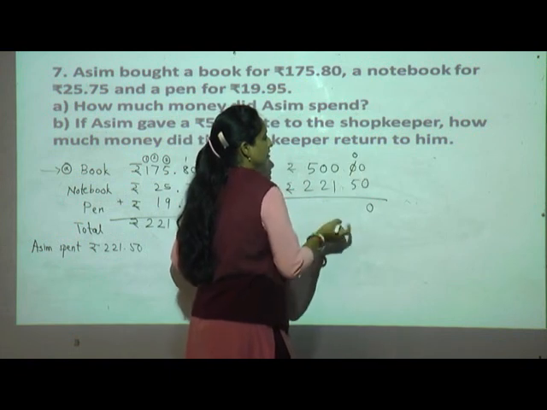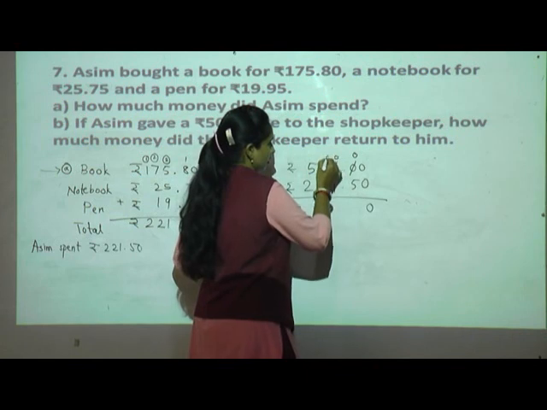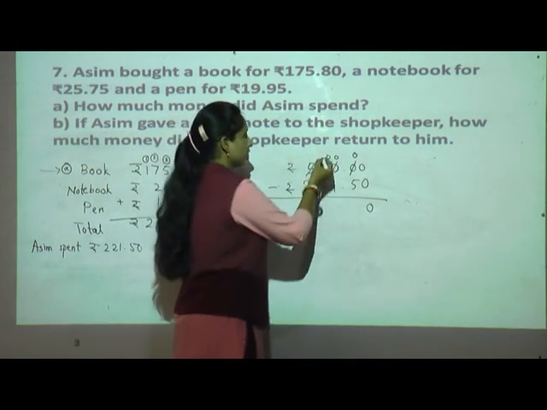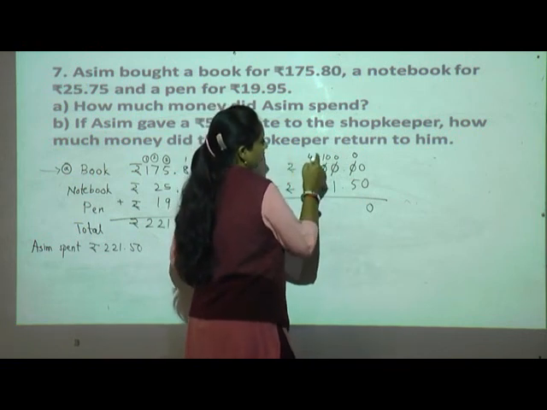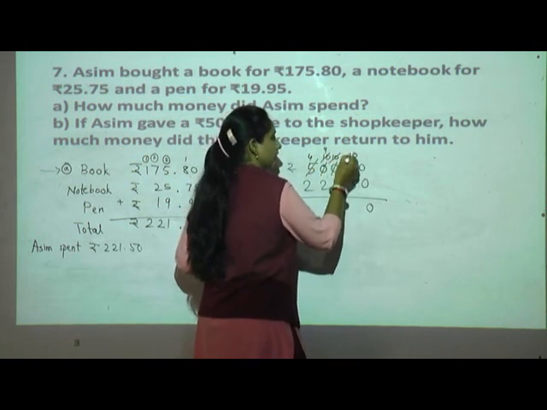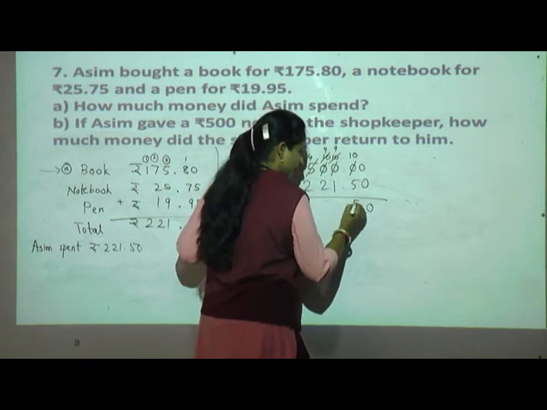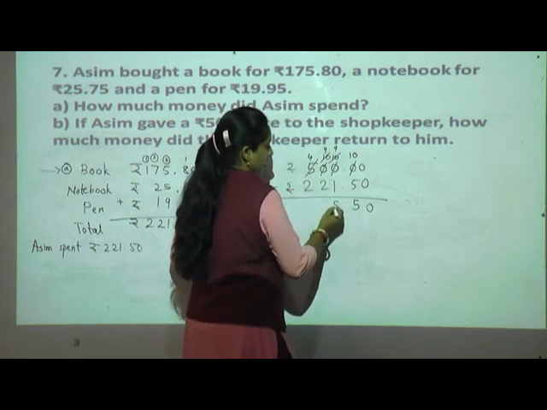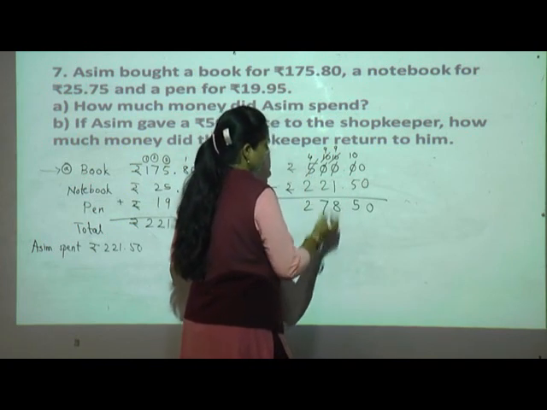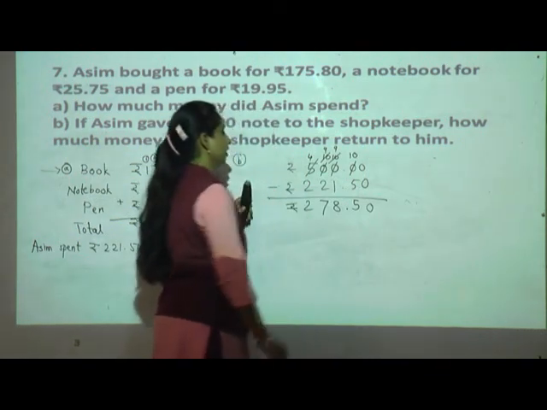Cut the 0, write as it is. Take borrow from neighbor. Neighbor also doesn't have, go to next neighbor. This neighbor also doesn't have, go to next neighbor. Now this neighbor is having 5, he will give 1, here 4 will remain. Now this neighbor is having 10, he will give 1, 9 will remain. This neighbor is having 10, he will give 1, 9 will remain. Now 10 minus 5 is 5. 9 minus 1 is 8, 9 minus 2 is 7, 4 minus 2 is 2, and give the decimal point from right side after 2 digits and the rupees.